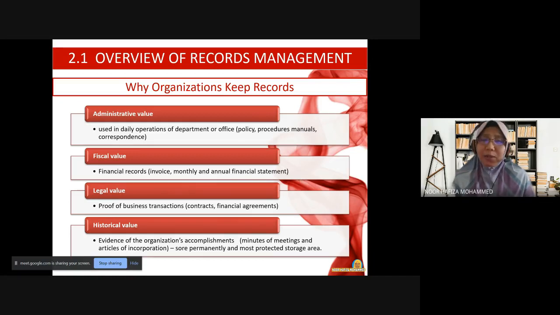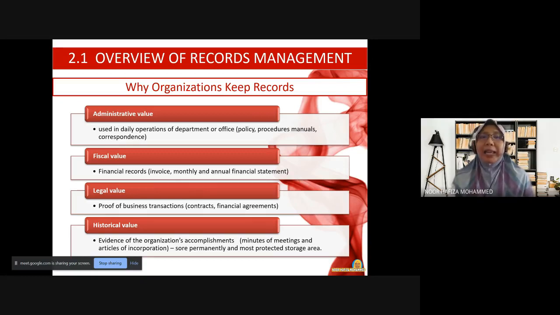Fiscal value refers to the financial records, for example, invoices, and monthly and annual financial statements. Then, organizations keep records because of the legal value. Legal value is proof of business transactions such as contracts and financial agreements.